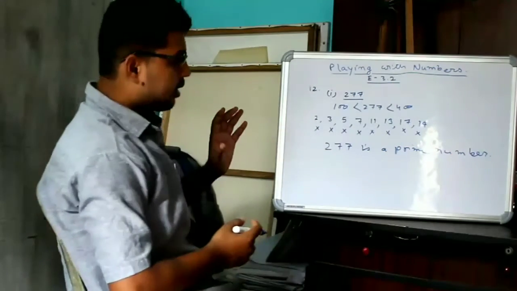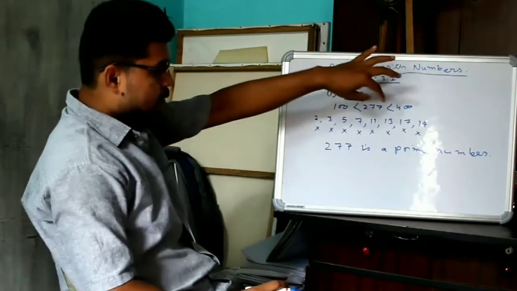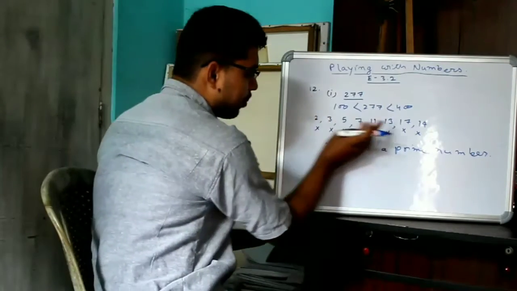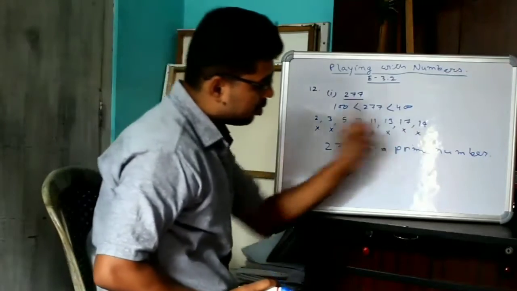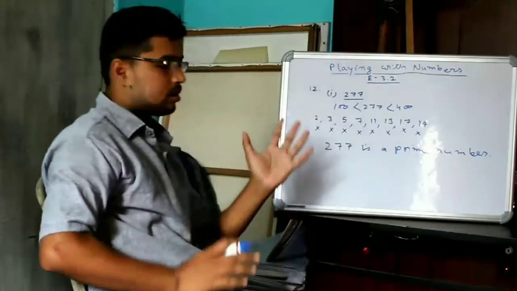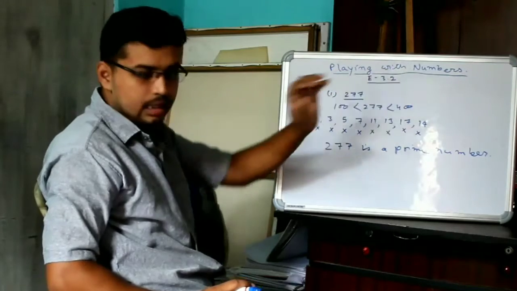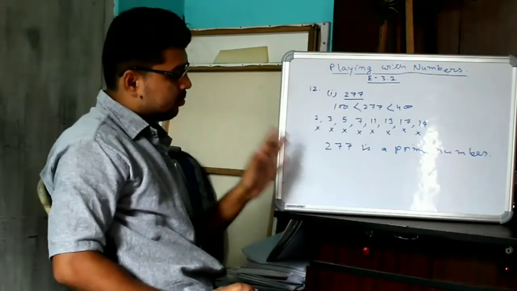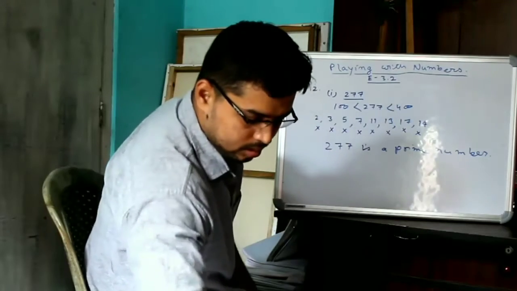By this method you can check whether a number is prime or not. If the number is between 100 and 400, check for prime factors less than 20.